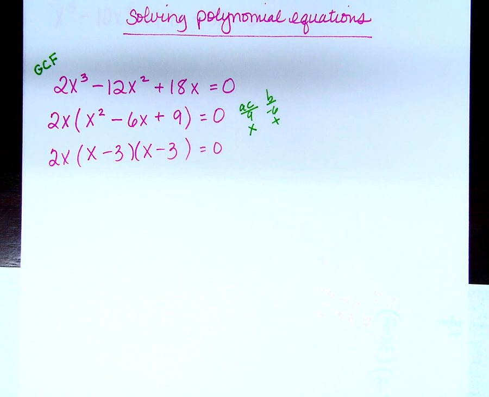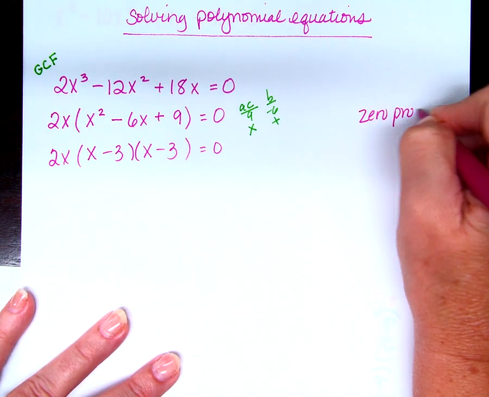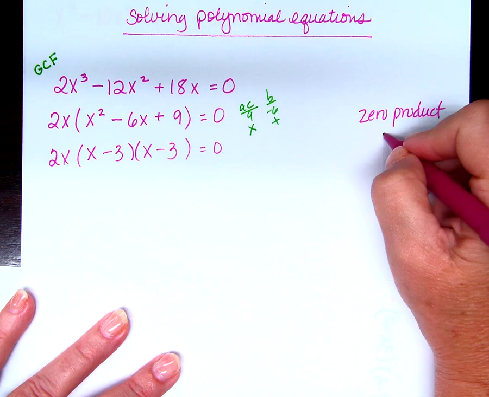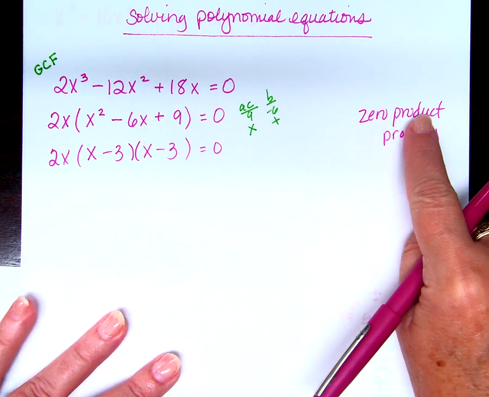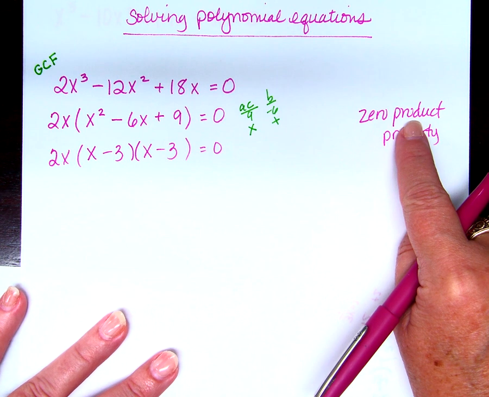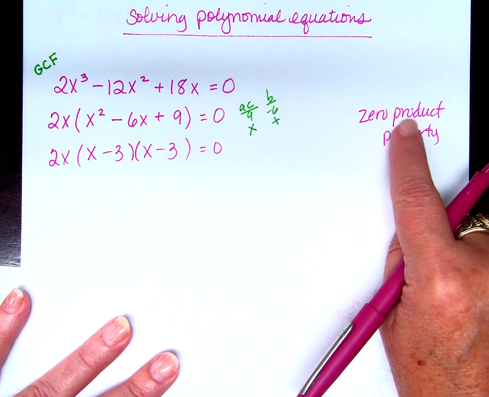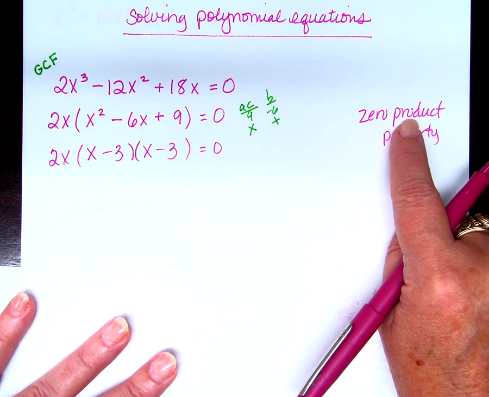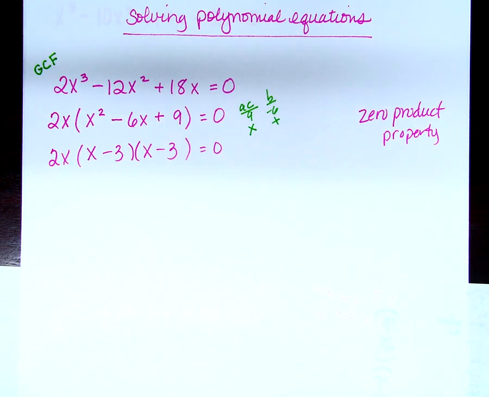Let's think about the words for a second. Zero product. What am I doing if I'm talking about a product? Multiplying, right? So if I'm multiplying some things together and I get an answer of 0, what's the only way that can happen? How can I multiply two things together and get an answer of 0?